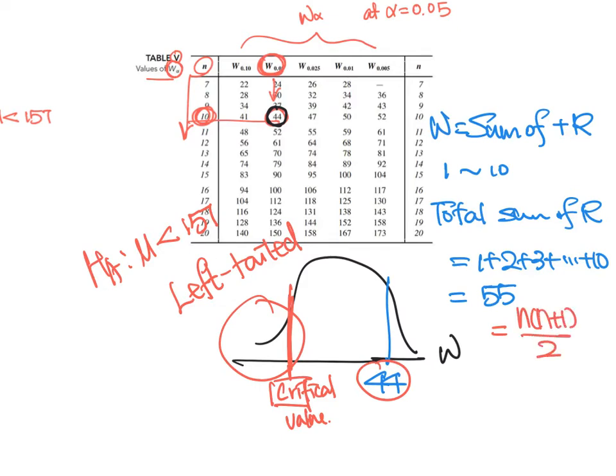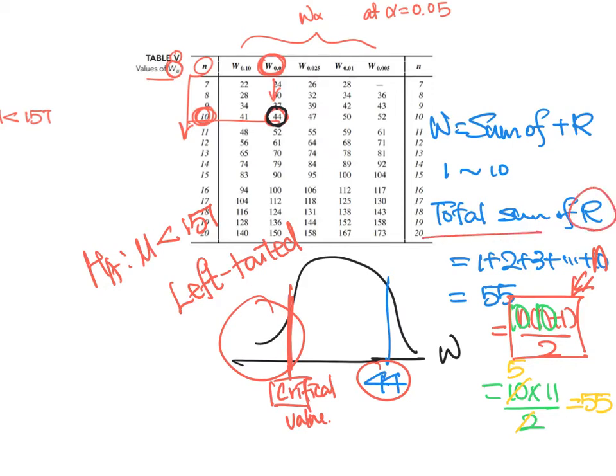So now let me plug in the 10 here and 10 there. Then it will be 10 times 11 over 2. Then now I cancel out this 5 here and get 55. So for any n, when we have sample size n, the total sum of the ranks is always this much.